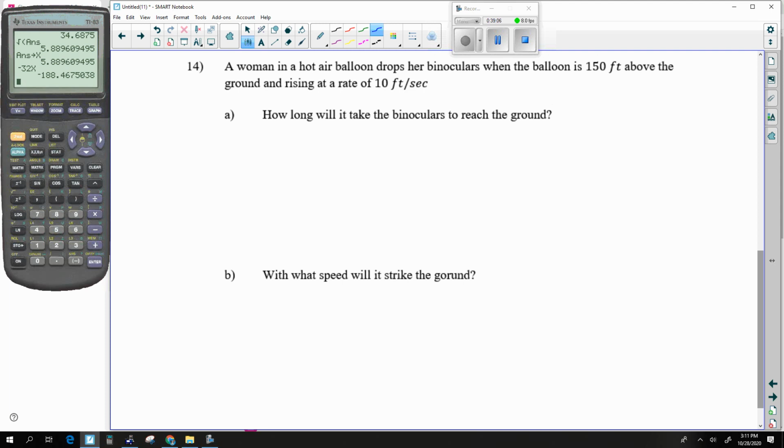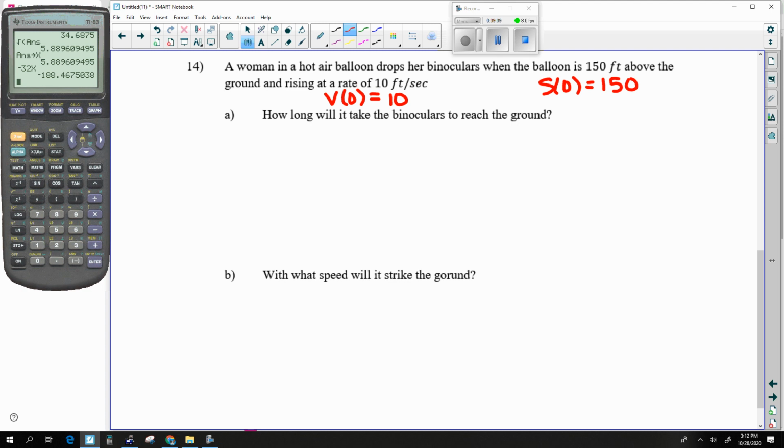Okay, a woman in a hot air balloon drops her binoculars from a balloon 150 feet above the ground. Okay, let's stop there. So that means position at 0 is 150. She drops her binoculars, rising at a rate of 10 feet per second. So the velocity of these binoculars at time 0 is +10. How long will it take for the binoculars to reach the ground?